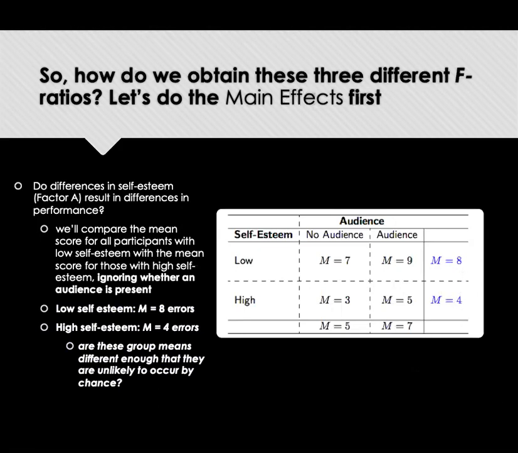But are they different enough that they are unlikely to occur by chance? And that's what we're asking with any of our hypothesis tests, right? T-tests or ANOVAs.